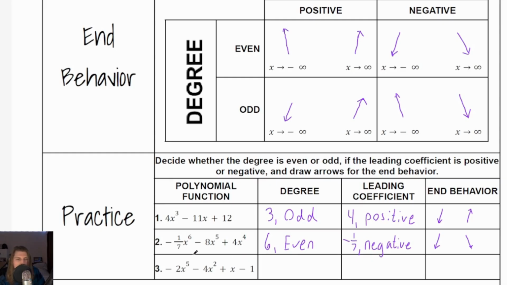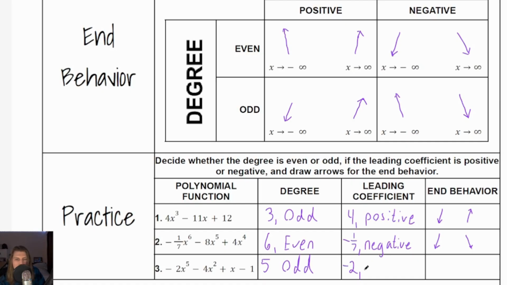If you want to pause and take a look at number 3, now that you're back, we're going to again look at the degree, which is 5. So our degree is 5. That is an odd degree. And our leading coefficient is -2.